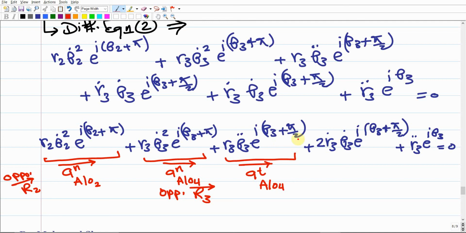And this one, it should be perpendicular to the R3 vector, and it should follow the alpha 3 direction. What is the alpha 3 direction? We have no clue yet, but we're gonna figure it out through the acceleration analysis. How about this term? This term gives us the Coriolis acceleration.